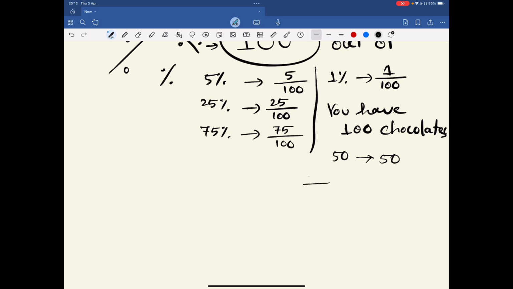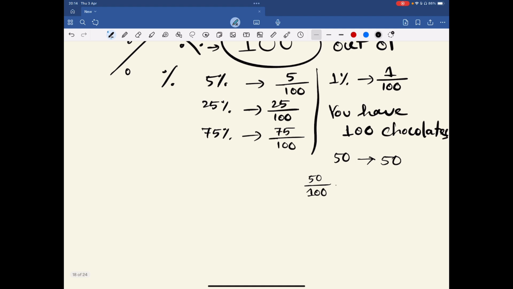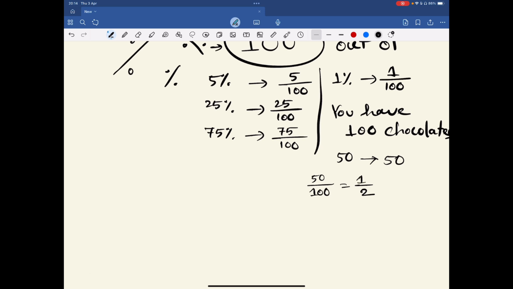So write it down like this. 50 out of 100 you already ate, right? If you divide these things, you already know 50 out of 100, what does it mean? Half, right? You already ate half of them, and half means 0.5, right? If you times 0.5 with 100, you will get 50.